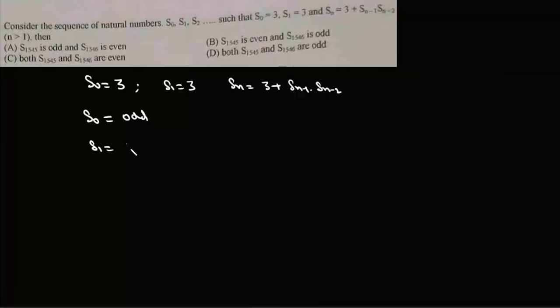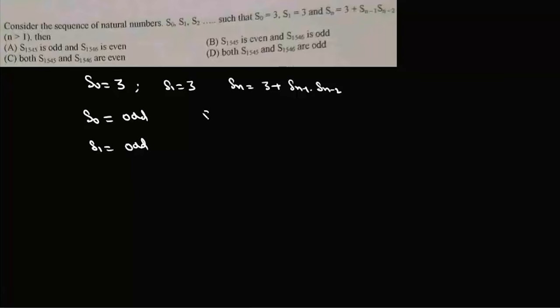Now here we are given that consider a sequence of natural numbers S0, S1, S2, ... such that S0 is 3, S1 is 3, and Sn is 3 plus S(n minus 1) into S(n minus 2). Which of the following is or are correct? Now if we look at this series, we know S0 is odd, S1 is odd.